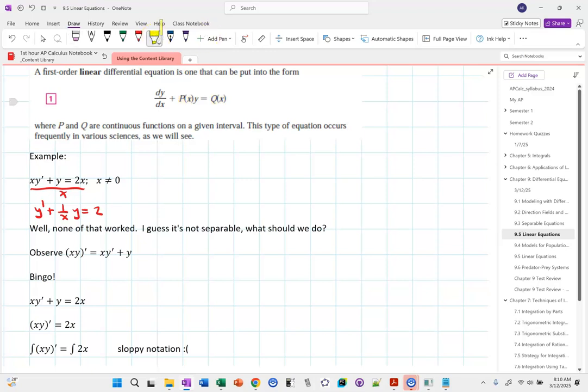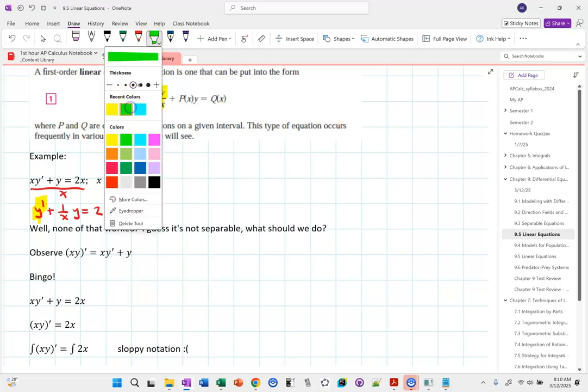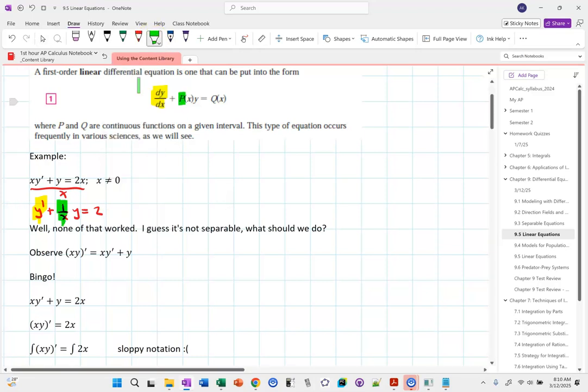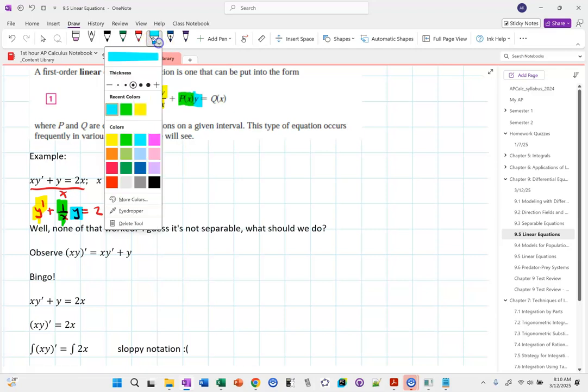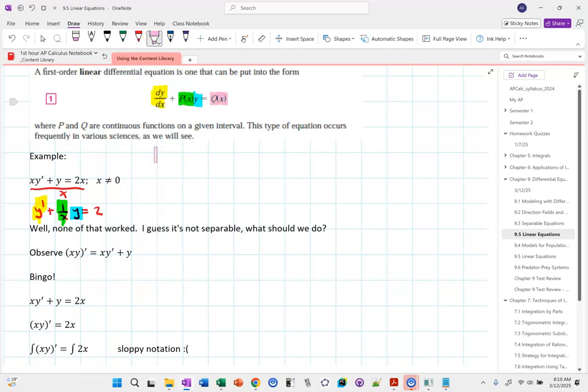If I do that, there's my dy dx. There's my p of x. There's my y. And as we mentioned before, that q of x could be just a constant, right? Does everybody see how this is a linear differential equation?